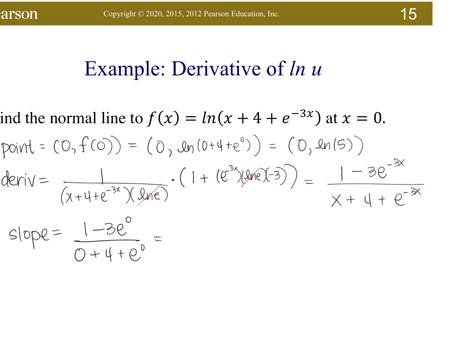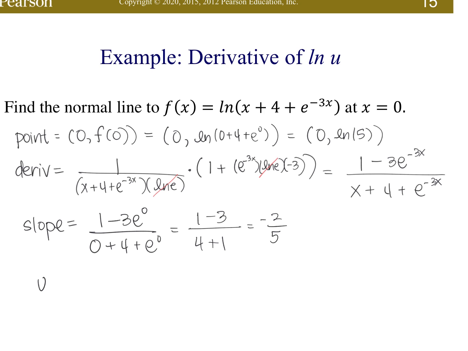In other words, 1 minus 3 over 4 plus 1. Negative 2 over 5. So that would be my slope if I was asked for a tangent line. When you're asked for a normal line, then your slope will be y minus ln 5 equals the positive 5/2 slope of x minus 0.